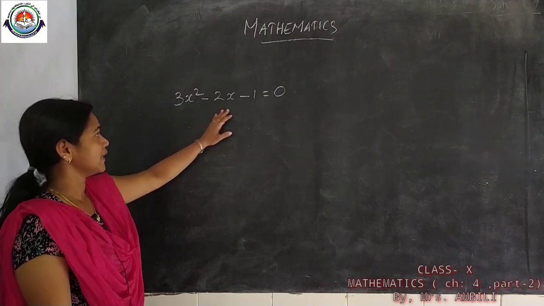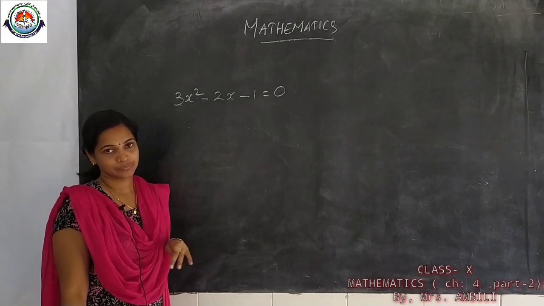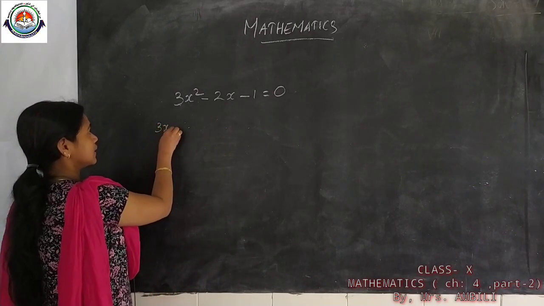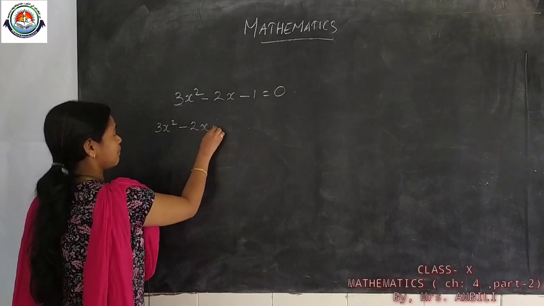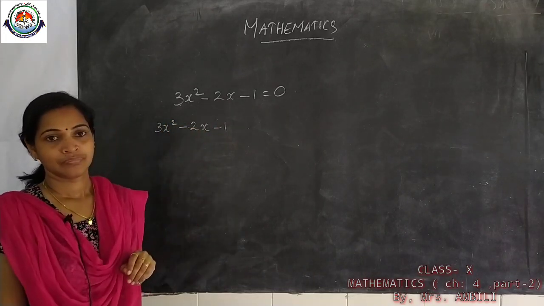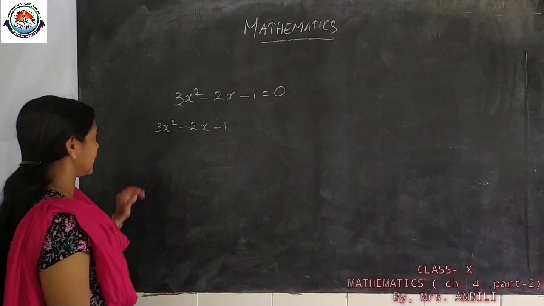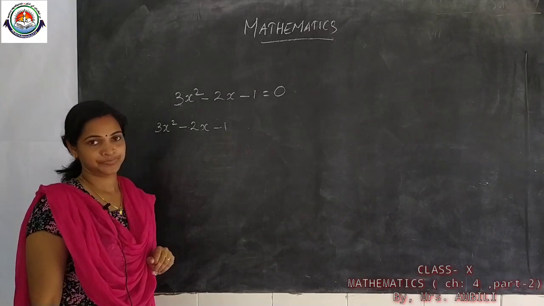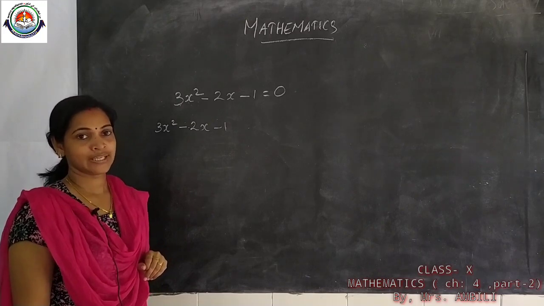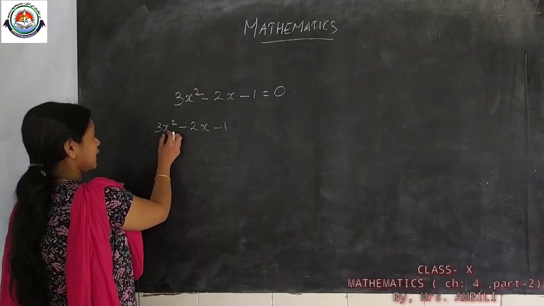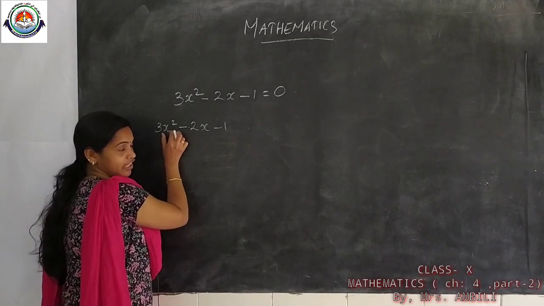What is the LHS here? 3x square minus 2x minus 1. What is the variable? x is the variable. Then I am replacing this x, and instead of that, I am putting 1.